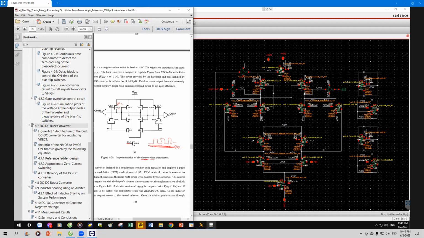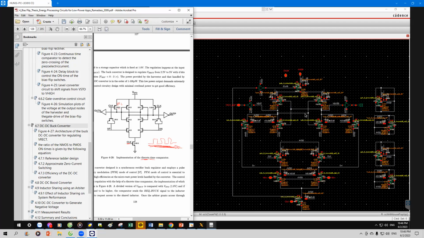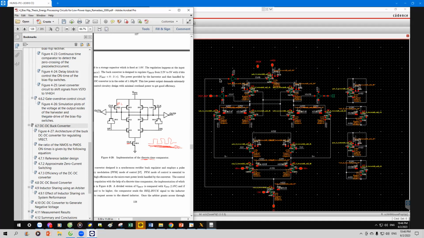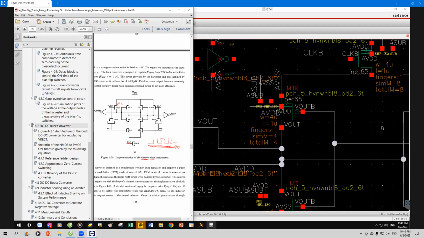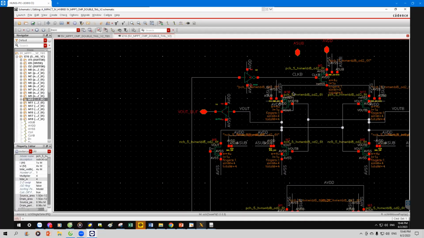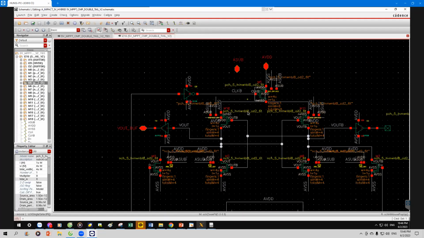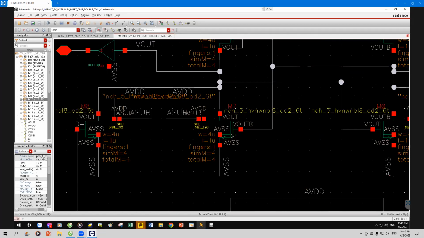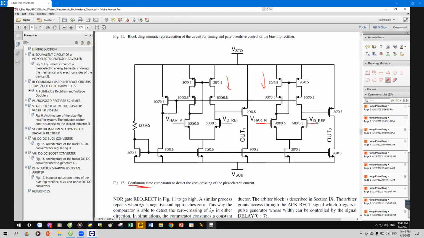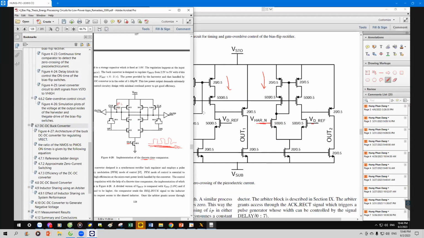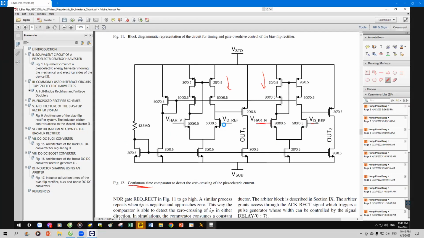Use my schematic for reference. My comparator is the same style as this comparator, a little more complex, but you can use PMOS and NMOS here to draw the schematic like this. 1, 2, 3, 4.